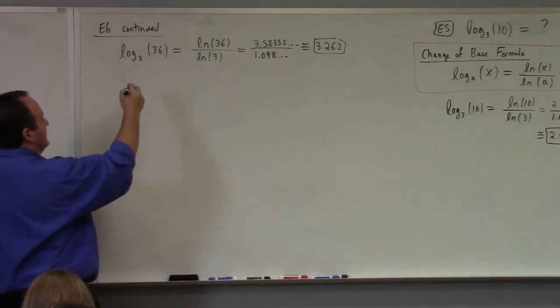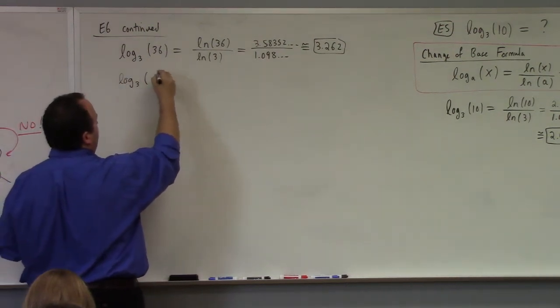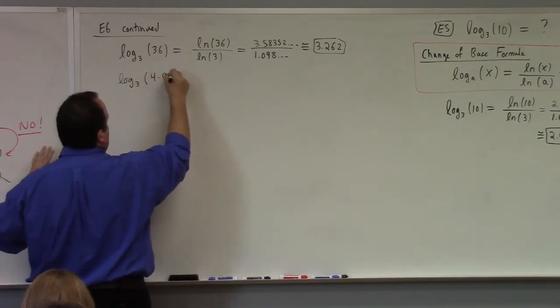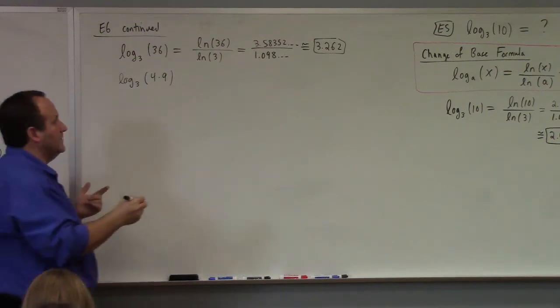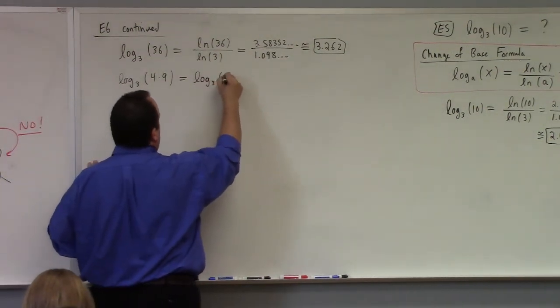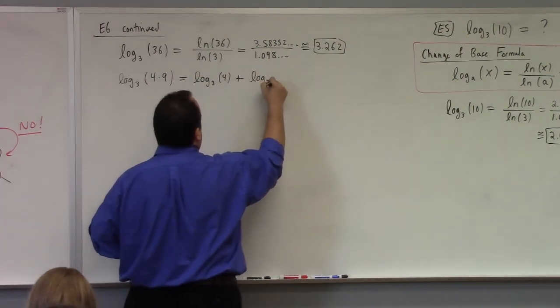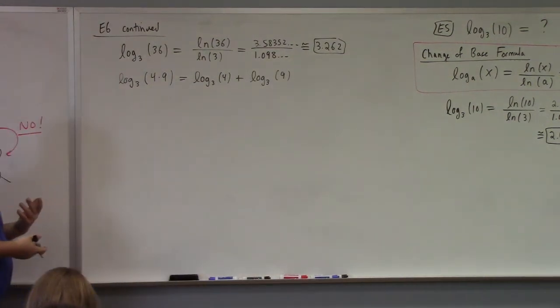My bad. Log base 3 of 36. Another way I could do this: 36 is 4 times 9, right? So we could also write this as log base 3 of 4 plus log base 3 of 9. Now log base 3 of 9 is nice, right?